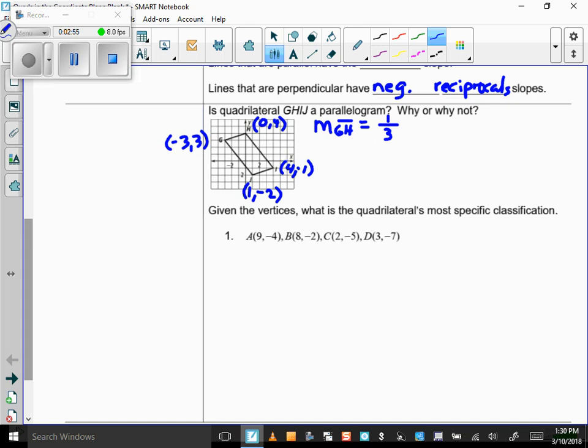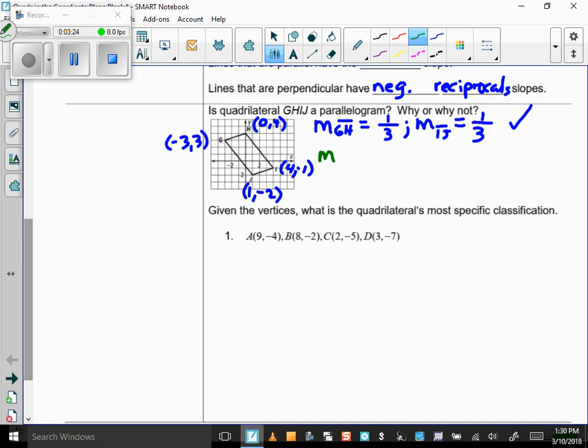Now the opposite side, IJ: negative 1 plus 2 is positive 1, and 4 minus 1 is 3. Looking good. So I've got one pair of opposite sides parallel. Let's do the other two.